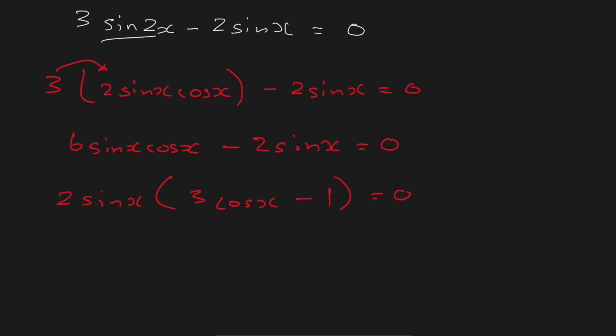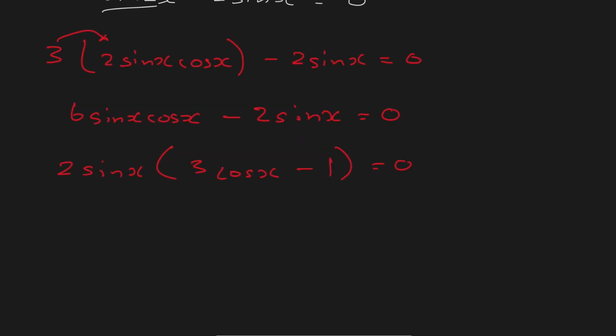So if we are here, we can now apply our zero factor law to say now this part here of 2 sine x is equal to 0, or this part here of 3 cos x minus 1 is equal to 0. So if we simplify on this side, we're going to get now this is 3 cos x.